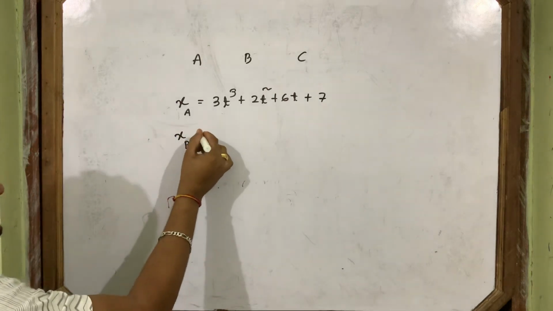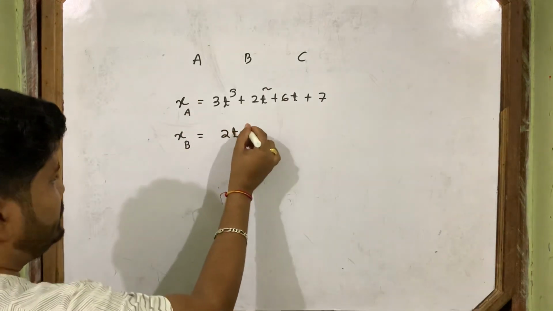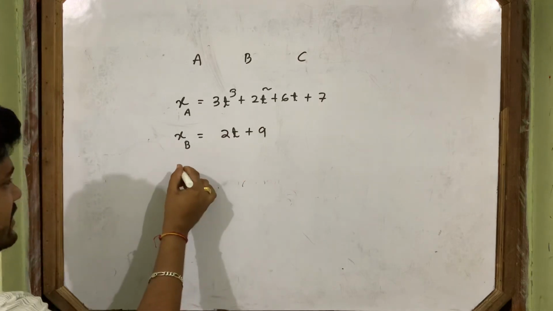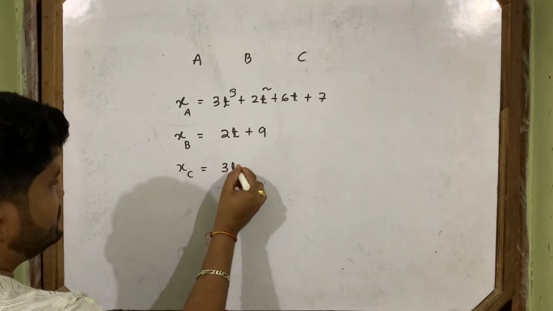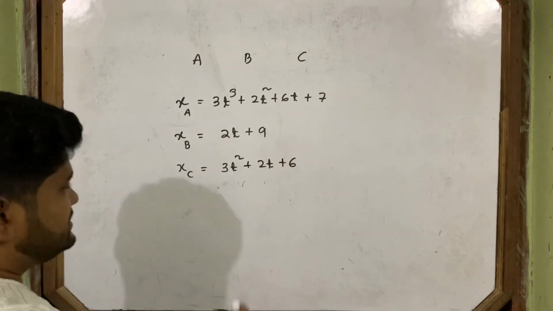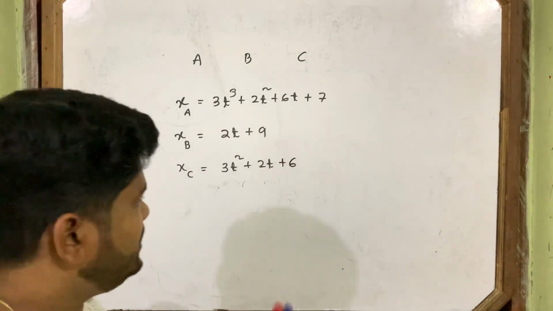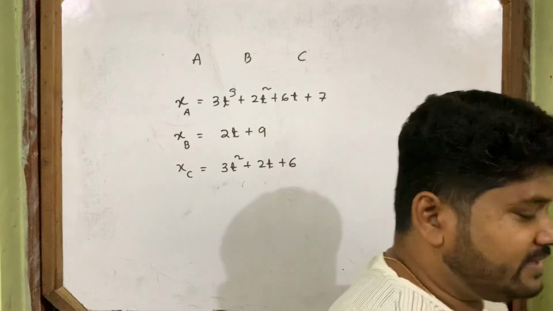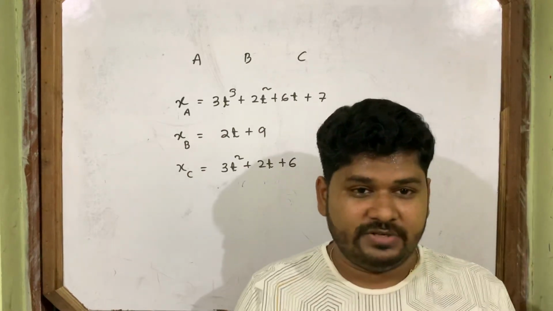B body's position varies with 2t plus 9, and C body's position varies with 3t square plus 2t plus 6. You have to find their nature of motion.